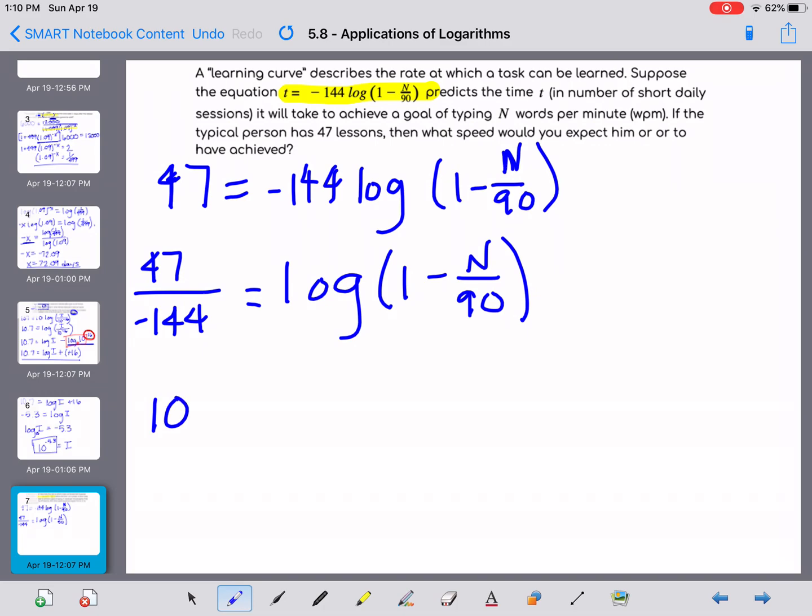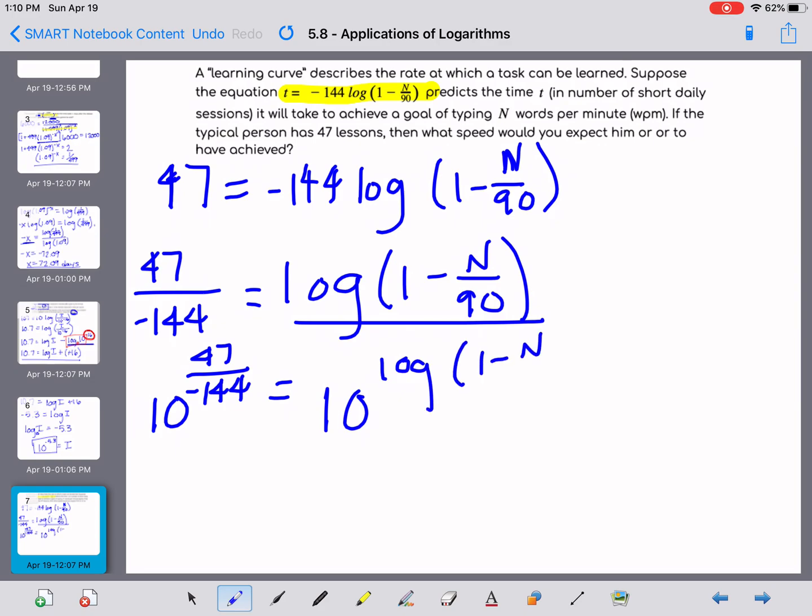So 10 to the negative 144 equals 10 to the, and then all of this, which is log of 1 minus n over 90, is all in the exponent. The reason I did that is because then I can get rid of the log.